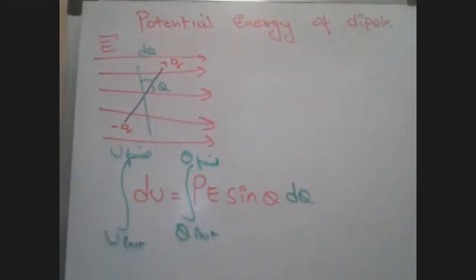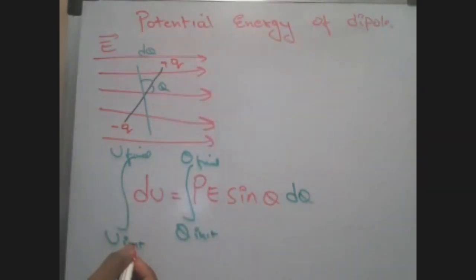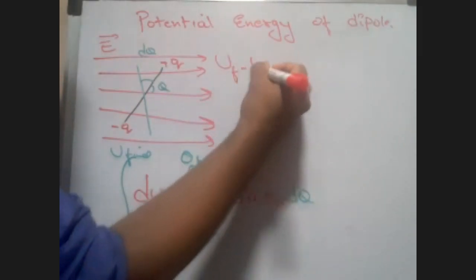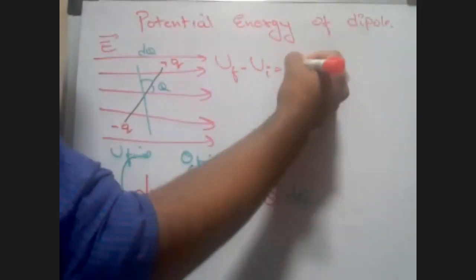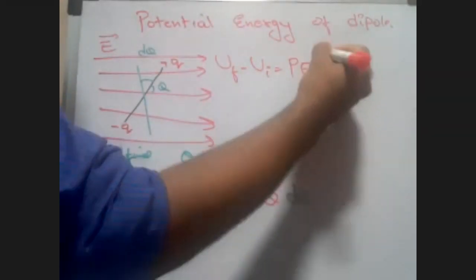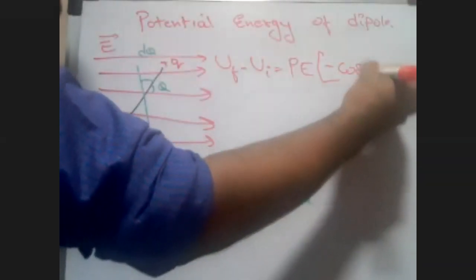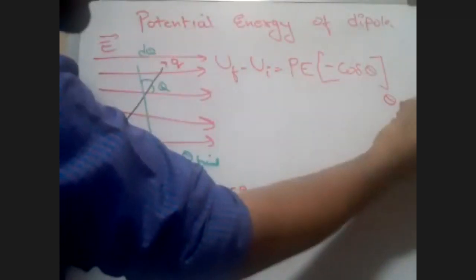That's great. If you integrate this, you're going to get U final minus U initial. So I'll write Uf minus Ui equal to PE, because that is constant, times the integration of sin theta, which is minus cos theta, from theta initial to theta final.